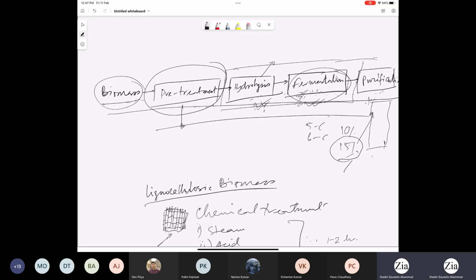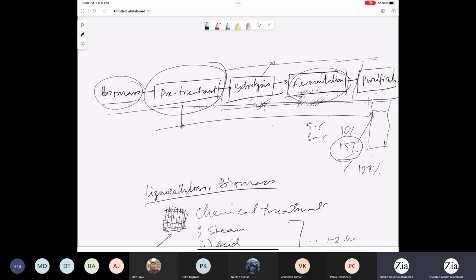To break the azeotrope, you can add another reagent, and one of the common reagents is toluene. You break the azeotrope, and finally you get 100% ethanol through azeotropic distillation. So this is one of the schemes for production of second generation bioethanol, which can be used as a fuel substitute.